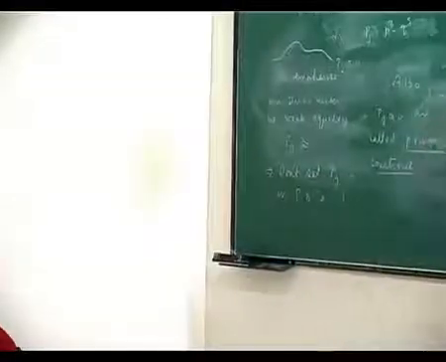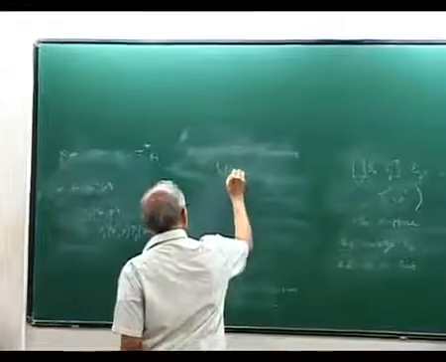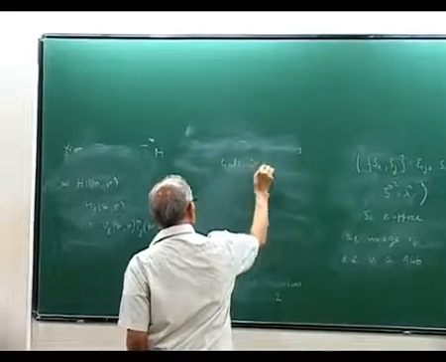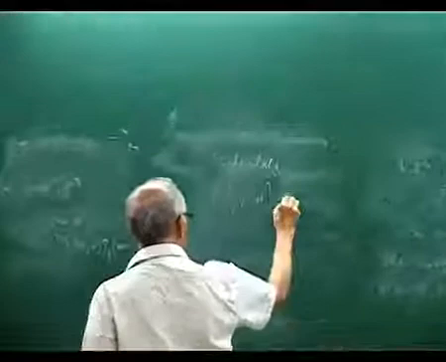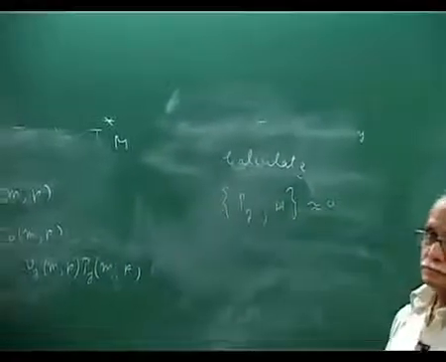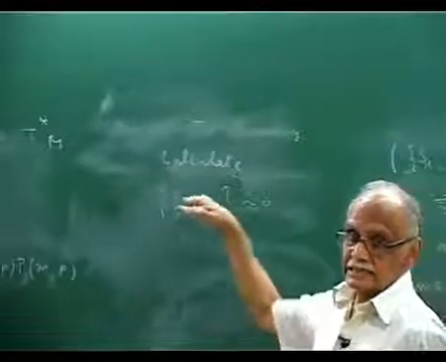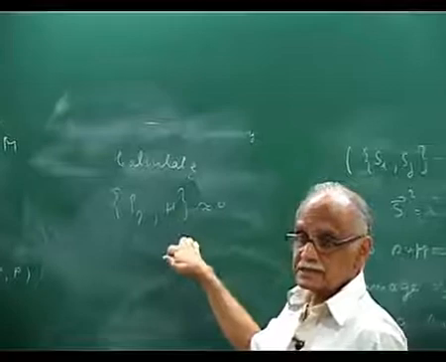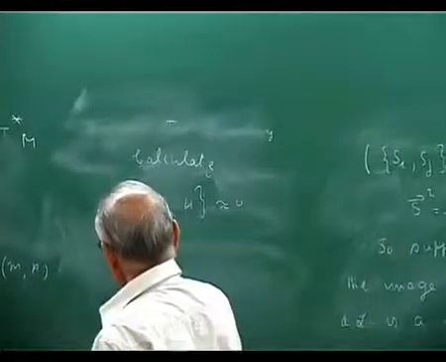Now calculate the Poisson bracket of Pj with H, and set it equal to 0. This is a statement that time evolution preserves the constraints. This gives secondary constraints.